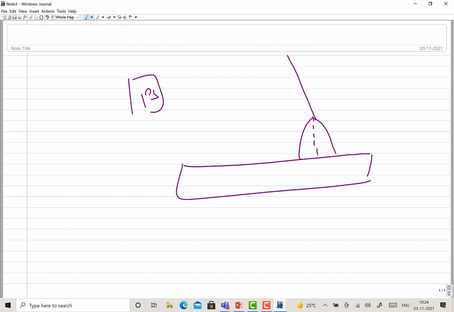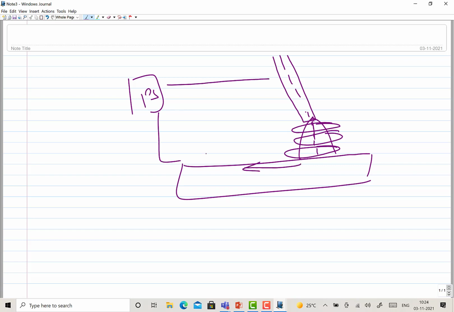So this is the arc axis. The arc is expected to move along the axis of the electrode. There will be an electromagnetic field all around the arc, and the current is flowing like this. This is the positive terminal and the negative terminal, so the flow of current is taking place.